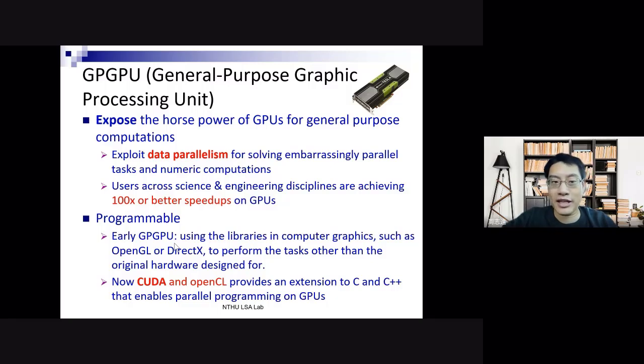Their API is designed to write a rendering job, not a for loop or some general purpose function, so it was very hard and difficult to program. That's why for general purpose GPUs today we rely on CUDA, OpenCL, or other libraries developed to expose the power for general purpose computing. CUDA is the one we're going to teach in this class.